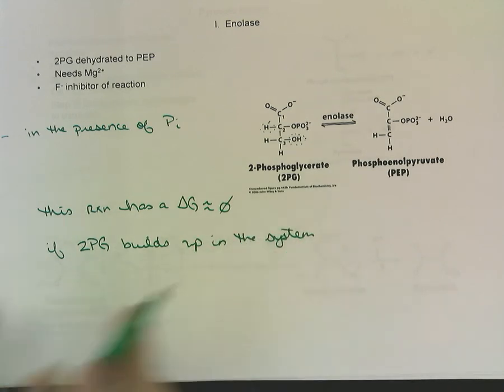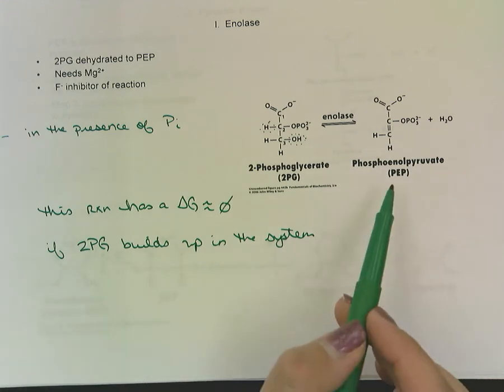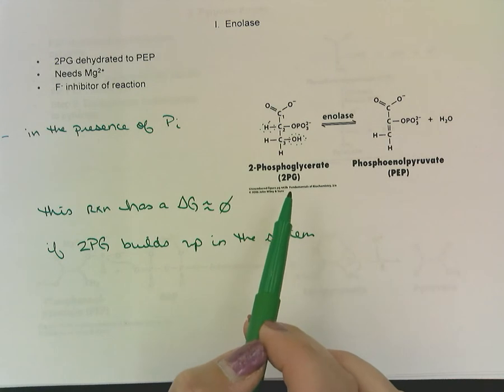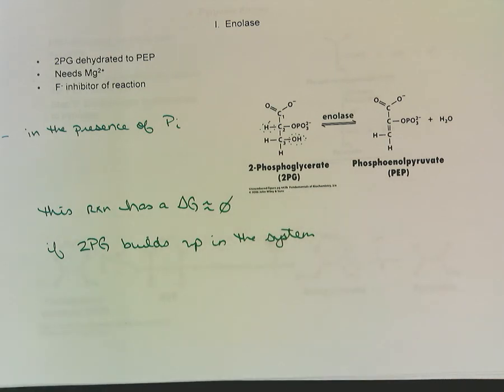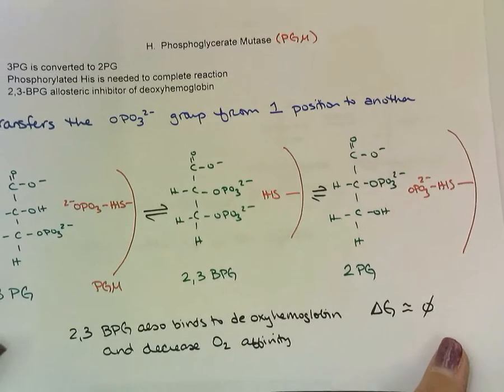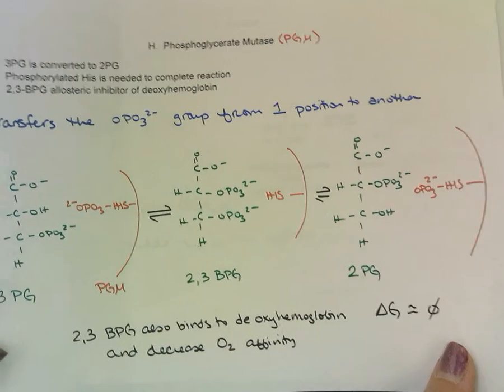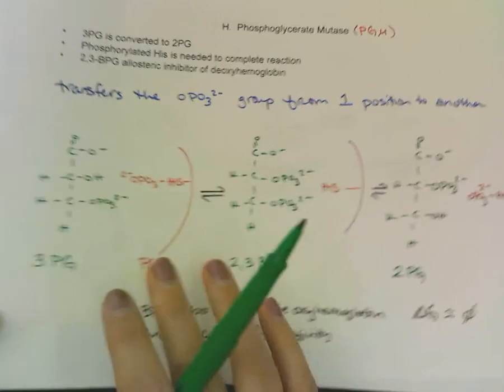So to take that a step further, let's say we have 2 PG building up in the system, like we're not needing any PEP yet, so we have this building up. Our previous step was also an equilibrium step, right, that was also equilibrium, which means that our original 3 PG would also build up.